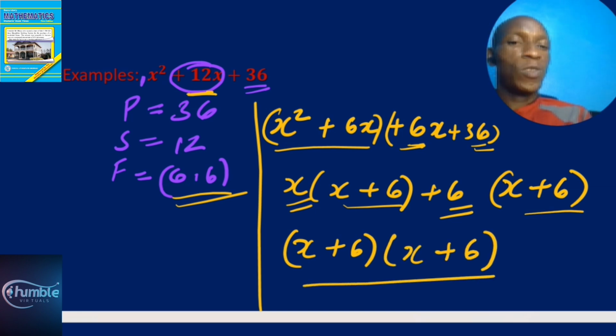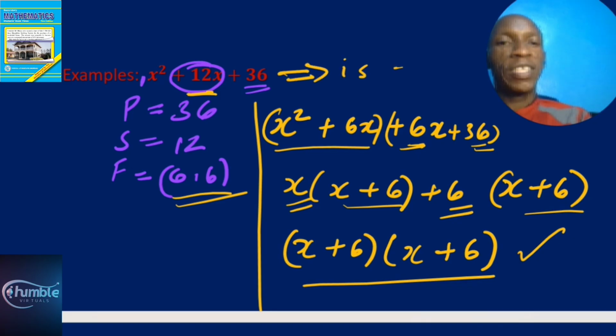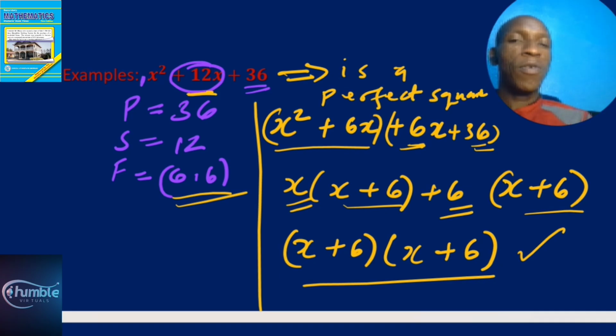So you can see that if we factorize x squared plus 12x plus 36, we end up with x plus 6 into x plus 6, meaning x squared plus 12x plus 36 is a perfect square. That is a good example of a perfect square.